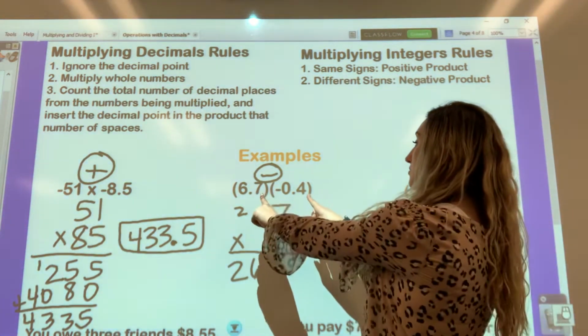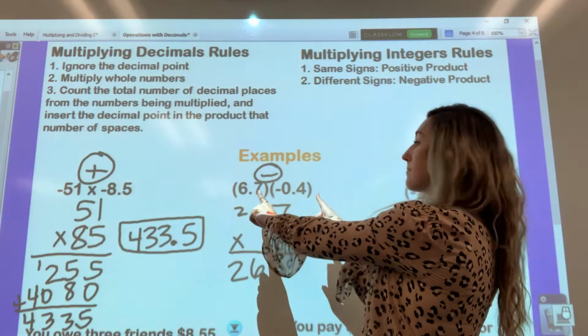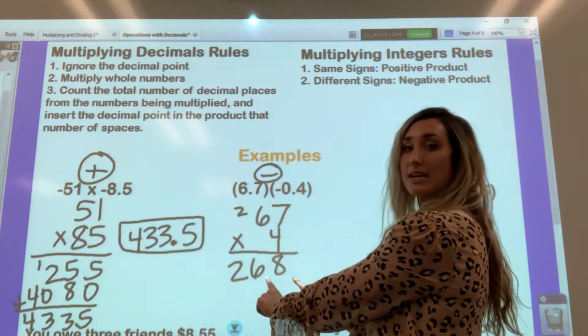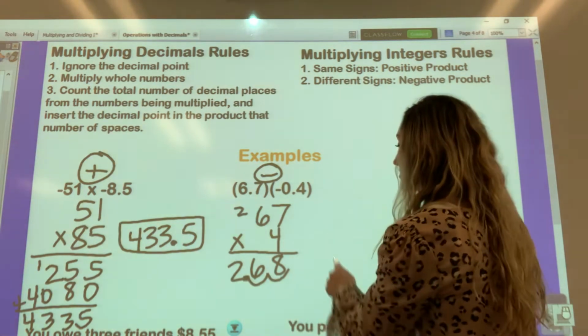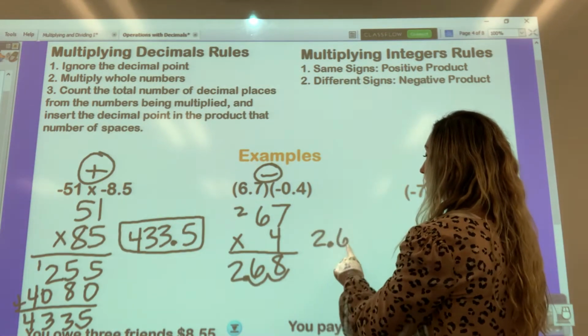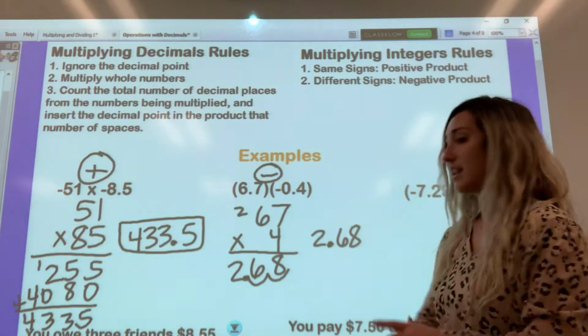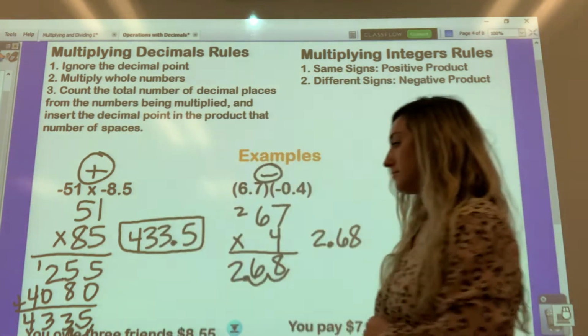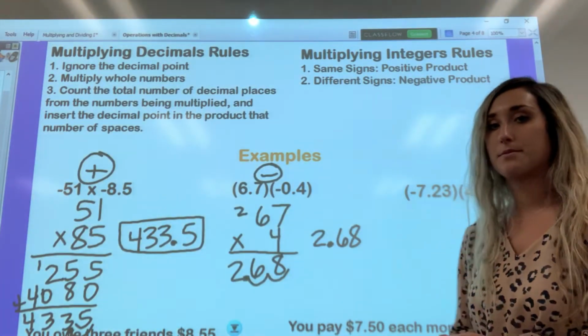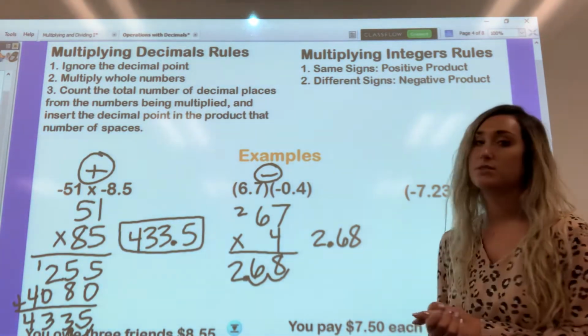And there are 2 decimal places in the problem. So we need to have 2 decimal places in our answer. So 1, 2 takes us to 2.68. And if that helps you, you can do that over here too. 1 decimal place was in that answer, 2 decimal places is in this answer.